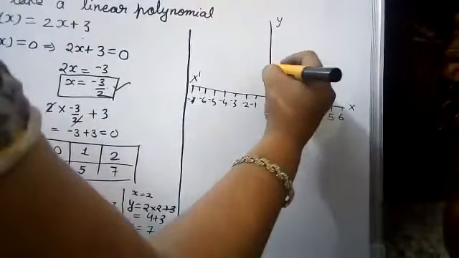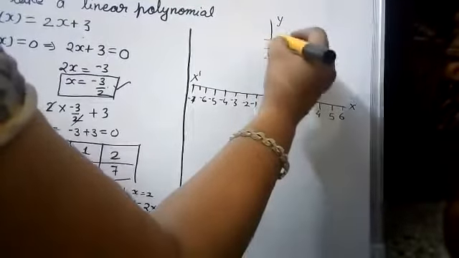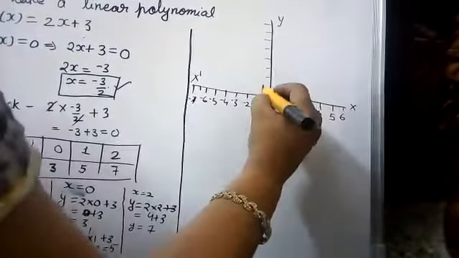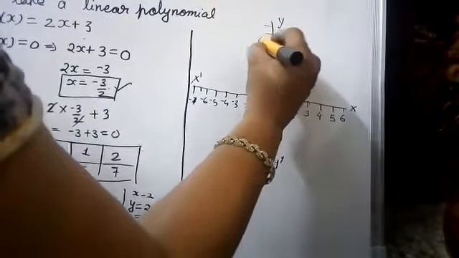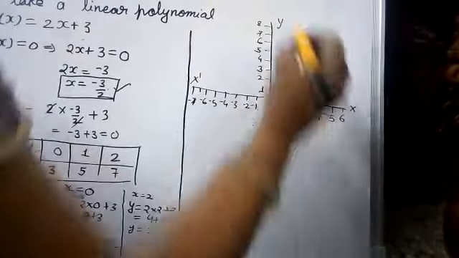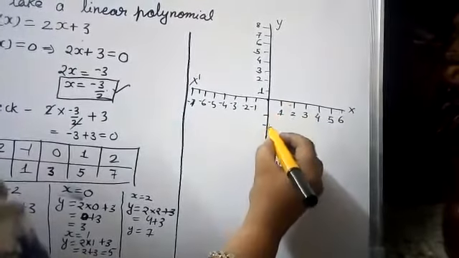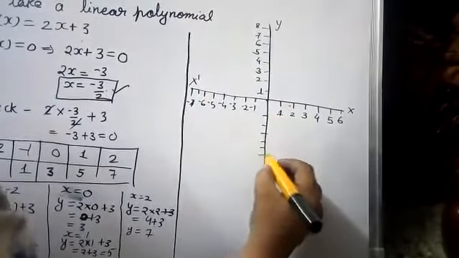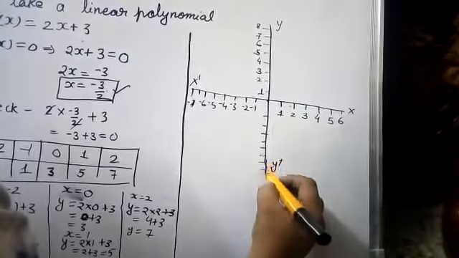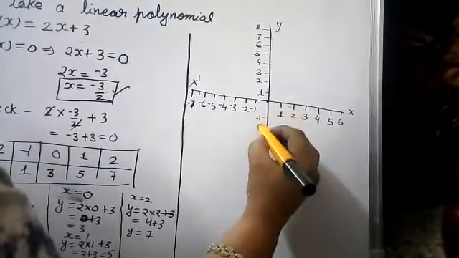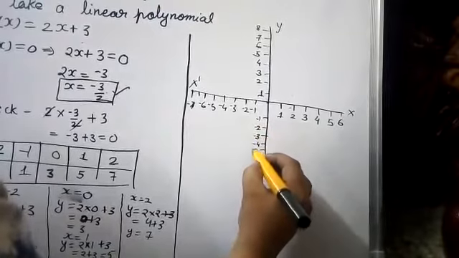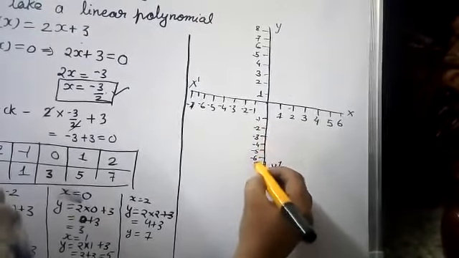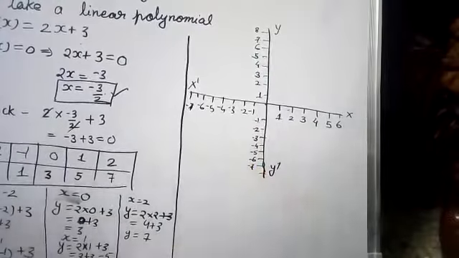Similarly on the y-axis, 1, 2, 3, 4, 5, 6, 7, 8, and the negative values minus 1, minus 2, minus 3, minus 4, minus 5, minus 6, minus 7, and so on.